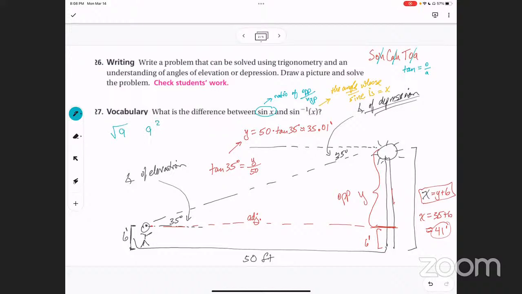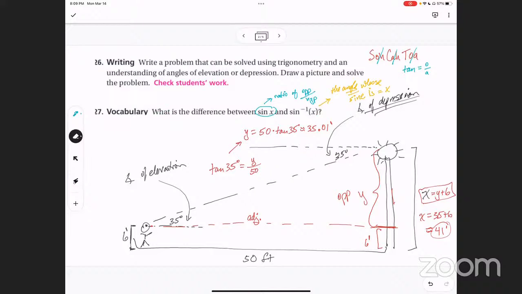They're totally different things. This is the number that when you multiply it by itself, it equals 9. And this is the number when you multiply 9 by 9. So these are like inverses of each other. I don't know if that was a good explanation or not, but that's kind of what it is.